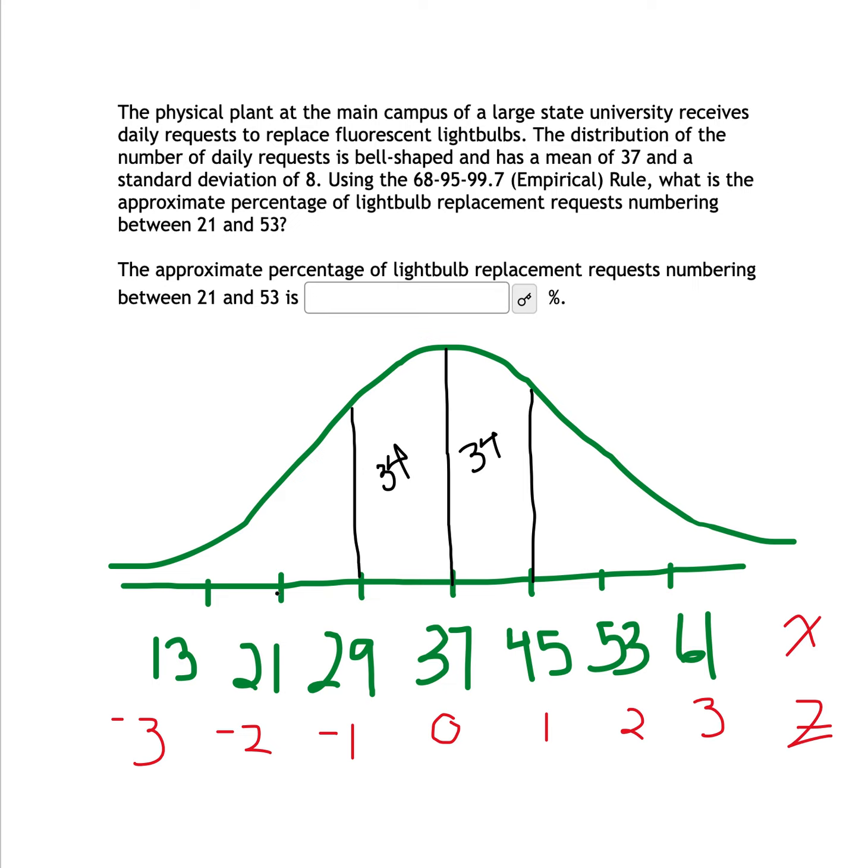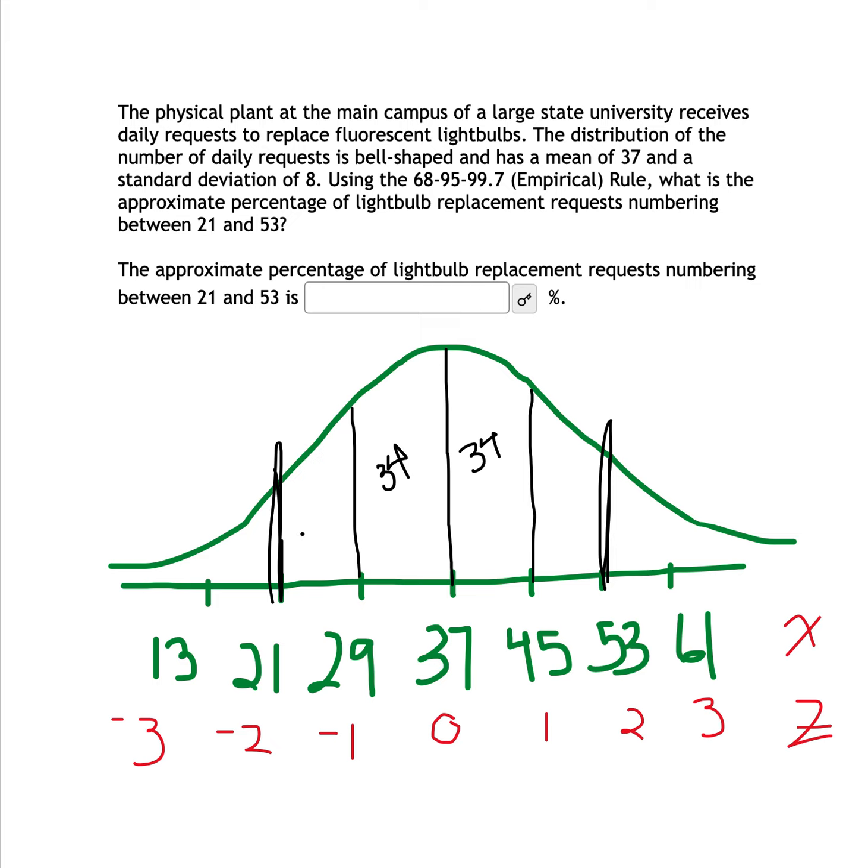Now, if I come out 2 standard deviations in either direction, I know from this line here to this line here is 95% of the data. If I subtract these two 34s, what I have left is 27% of the data.